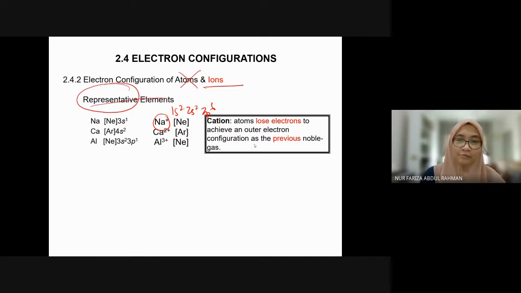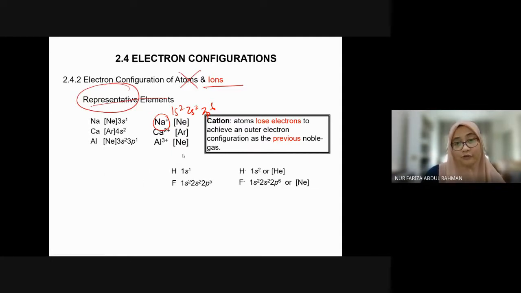Hydrogen wants to become like helium. Itu inspirasi dia nak jadi helium because when they become helium, they become stable. So it can either accept an electron or it can remove all of its electrons because dia ada satu je elektron kan. Either way, they accept ataupun they buang, they are still stable. Okay, hydrogen. That's why hydrogen can become H minus and also H plus. Okay, that would be for cation.